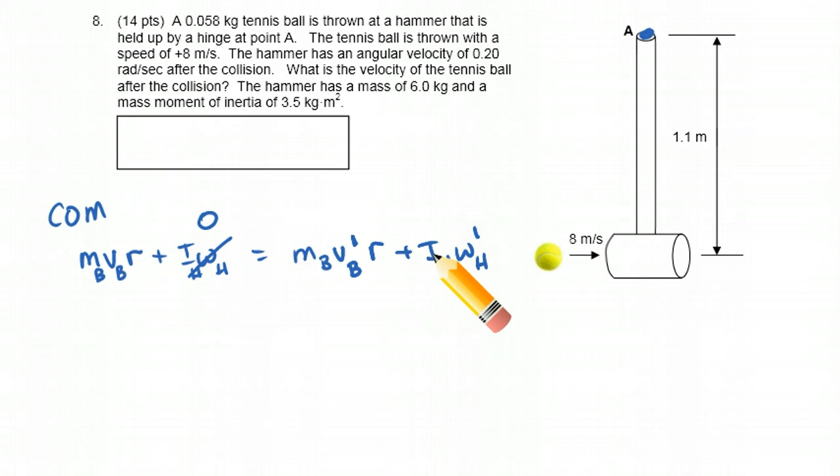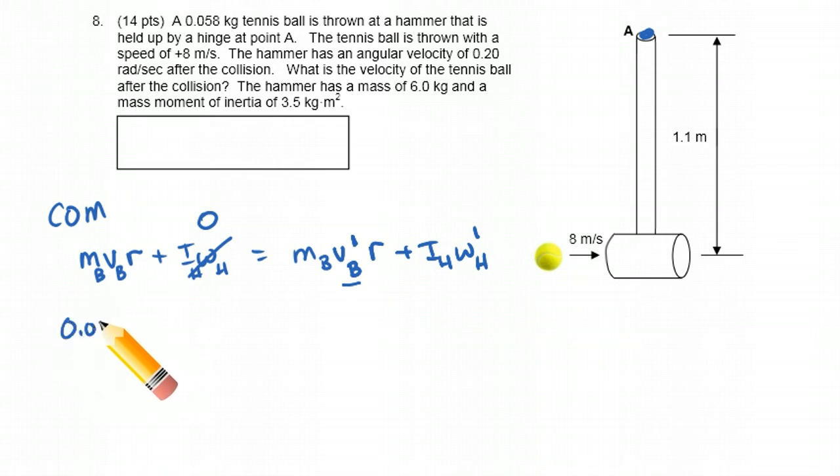Okay, and as I said, the hammer before the collision is not rotating, so that term is 0. So we know everything in this equation except for the velocity of the ball afterwards.